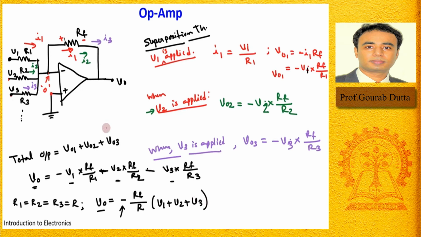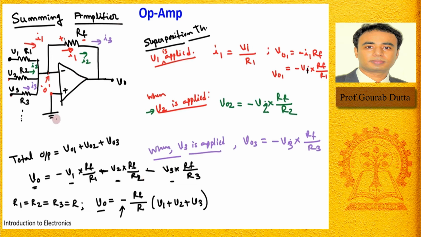So basically this particular circuit is summing up all these input voltages, right? So this circuit is also called the summing amplifier. Fine. I hope this part is clear to you.